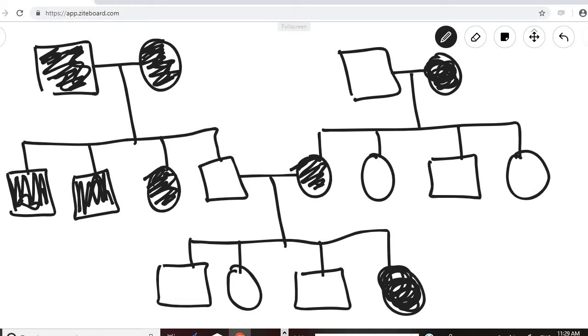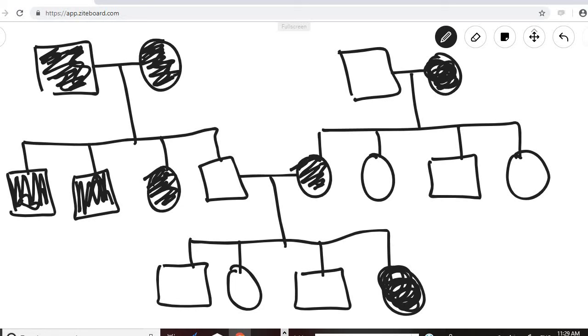Okay, so let me talk you through this. This is a figure that demonstrates guinea pigs. And a couple things you need to know.